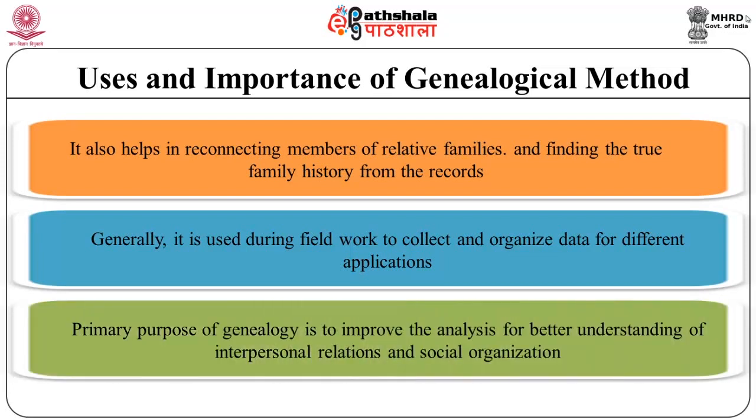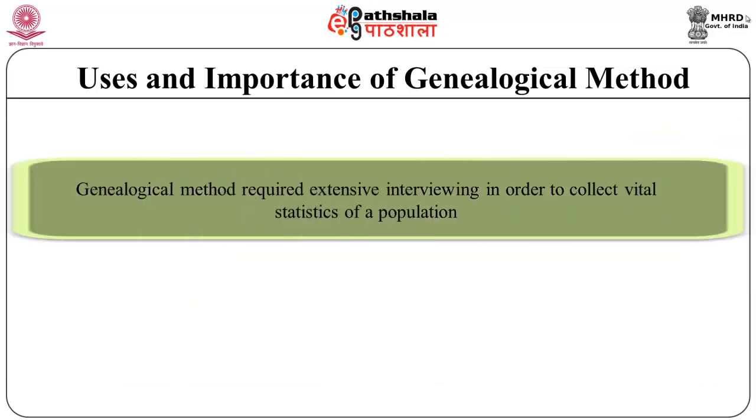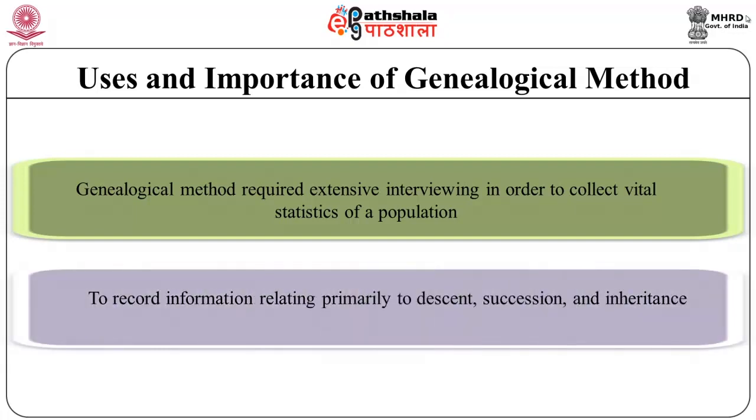The primary purpose of the genealogy is to improve the analysis for better understanding of the interpersonal relation and social organization. The genealogical method requires extensive interviewing in order to collect the vital statistics of a population and to record the information relating primarily to the descent, succession and inheritance.